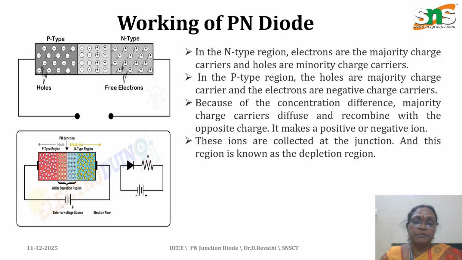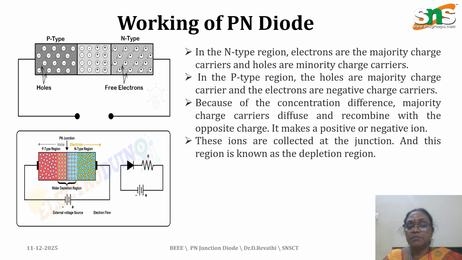So, working of PN diode. In the last lecture we discussed that depletion regions are formed when we connect P-type material and N-type material. If the barrier potential, that is the depletion region, is broken, the electron flows from N to P-type and current flows from P to N. So we have to connect a bias to the P-type material and the N-type material.